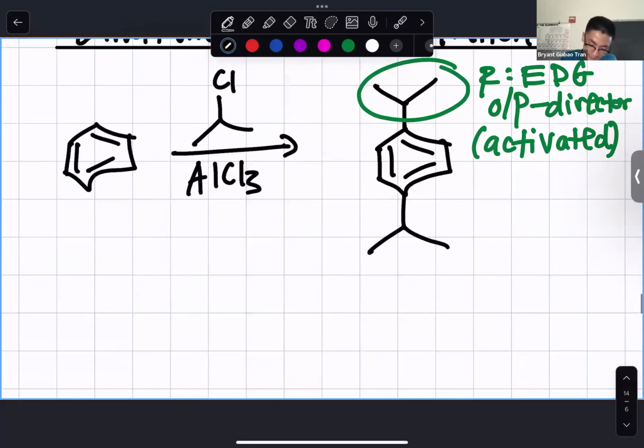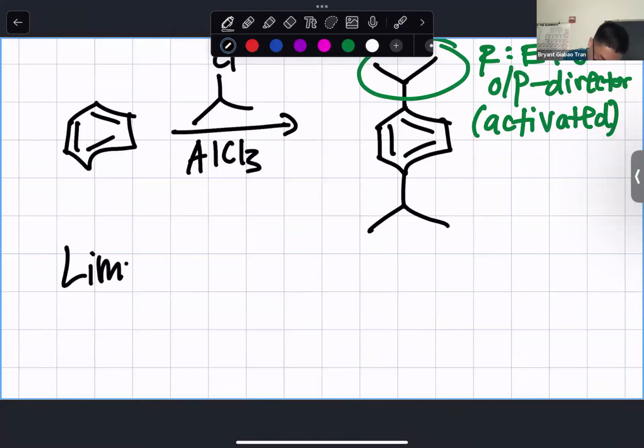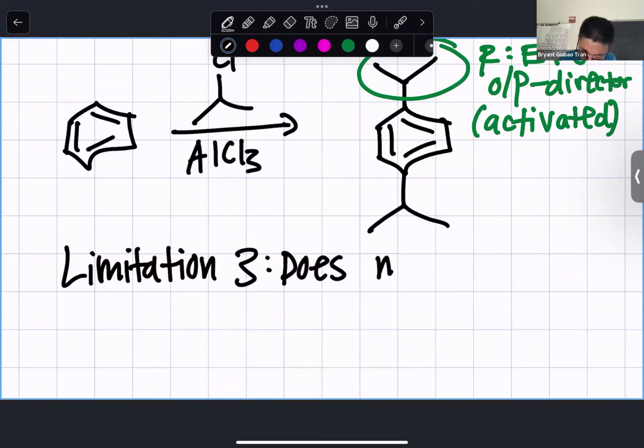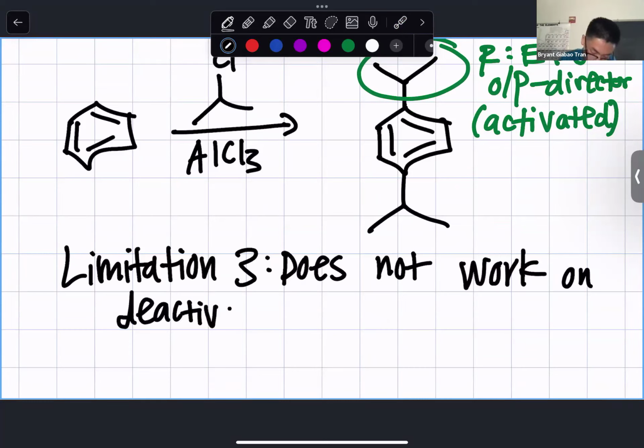The other limitation, the last limitation here, limitation 3, is that it does not work on deactivated rings. Right? And what does it mean for a ring to be deactivated?